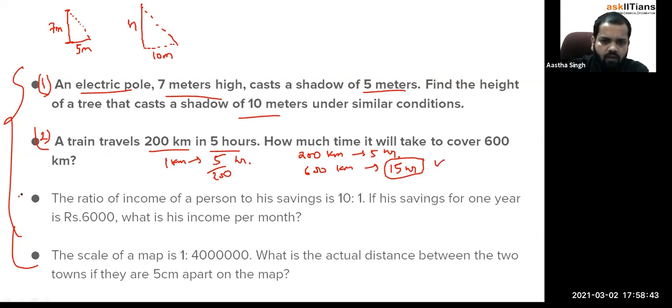Okay. Your third question. The ratio of income of a person to his saving is 10 ratio 1. If his saving for 1 year is 6,000, what is his income per month?